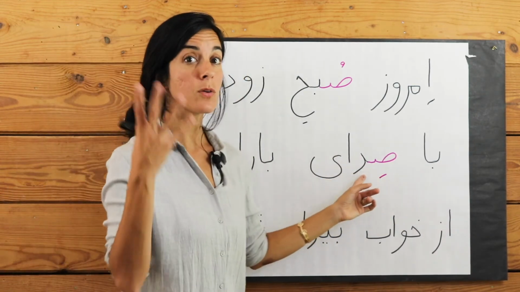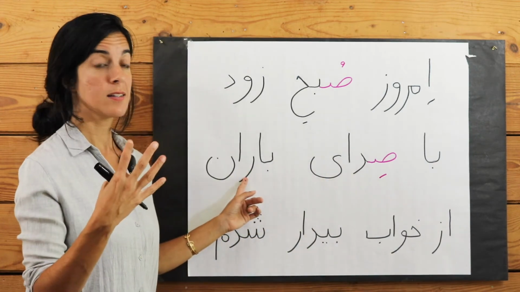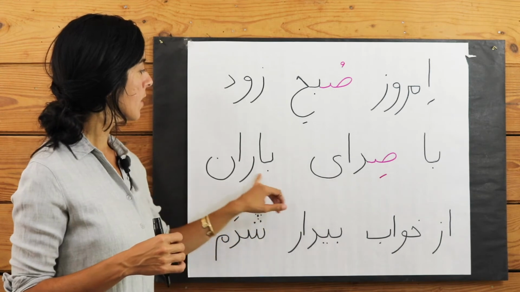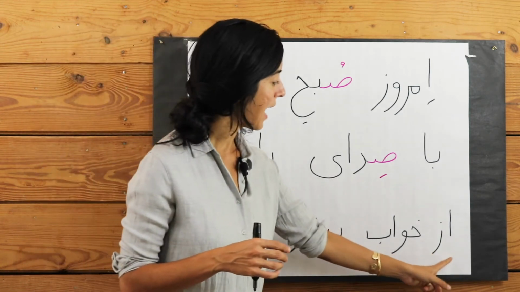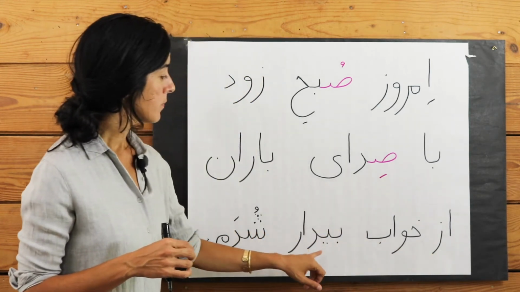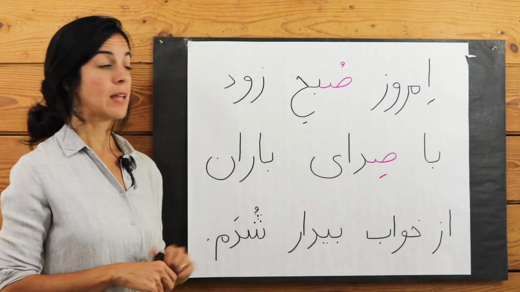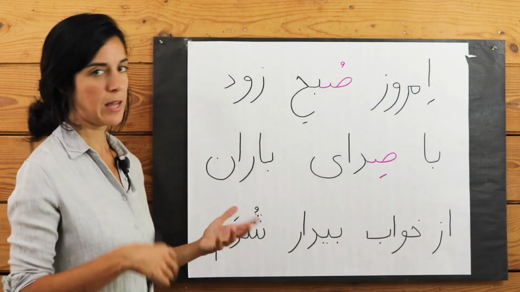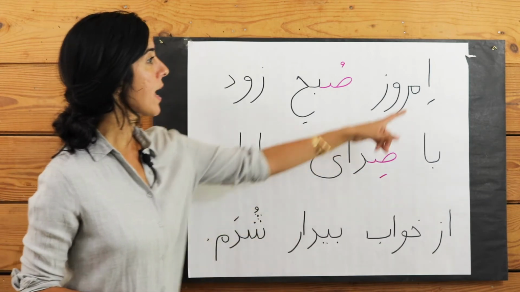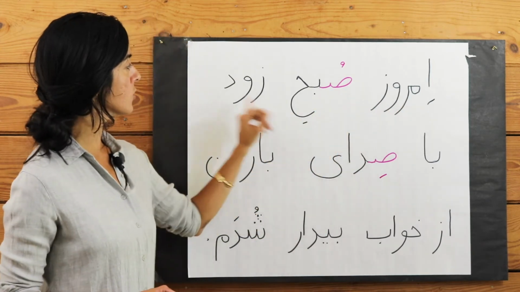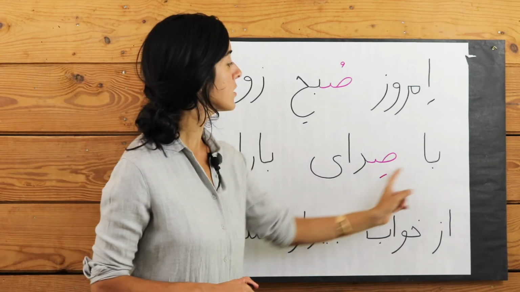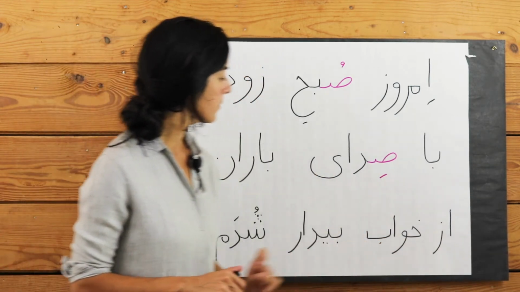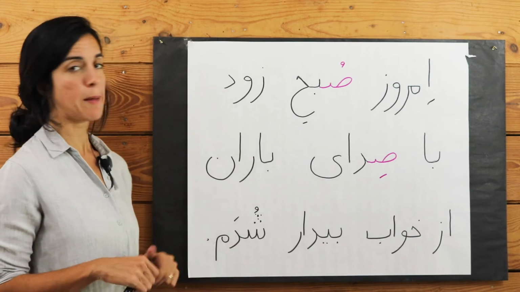With the sound of rain. So صدا can be a voice or a sound. صدای باران. از خواب بیدار شدم. I woke up from sleep. From sleep, I woke up. So امروز صبح زود با صدای باران از خواب بیدار شدم.